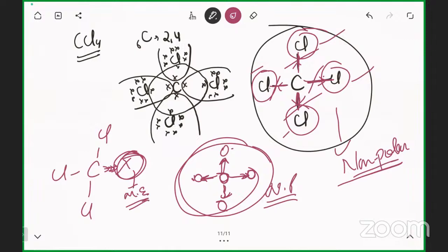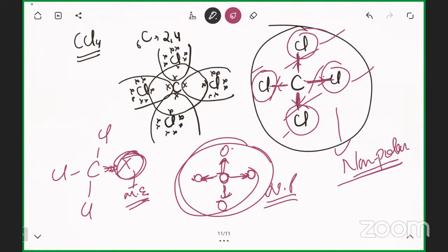Clear? Why is CCl4 non-polar? Because all the chlorines surrounding the carbon atom are equally electronegative. If they are equally electronegative, none of them has the capability to take the electron pair towards itself.